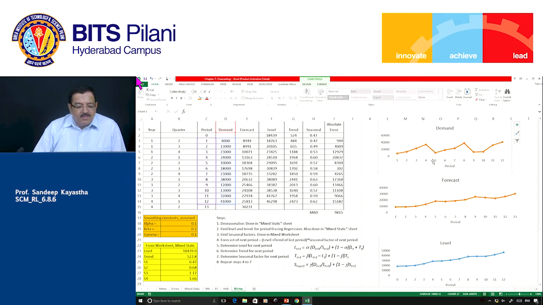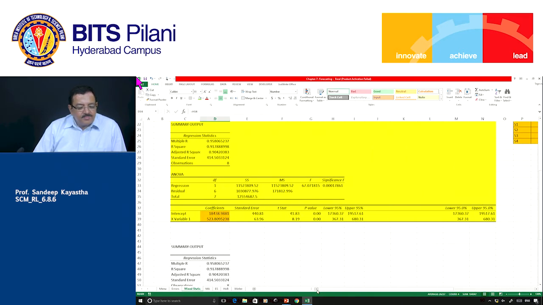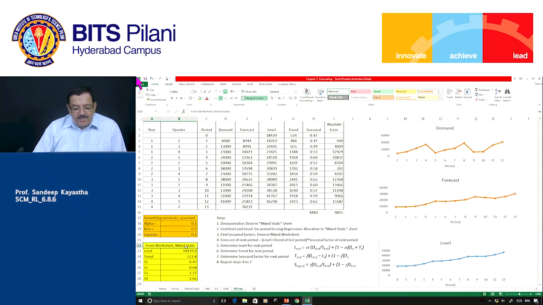The level and the trend at time 0, we compute using regression. This is something which has been done in worksheet mixed static. You go to mixed static, there we have already done how to find the intercept and how to find the slope. So I will not repeat that. So we got the level value 18,439 and trend value 534.8.